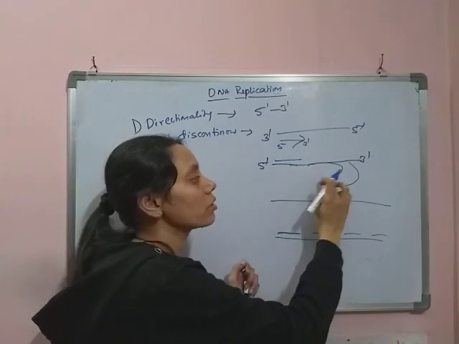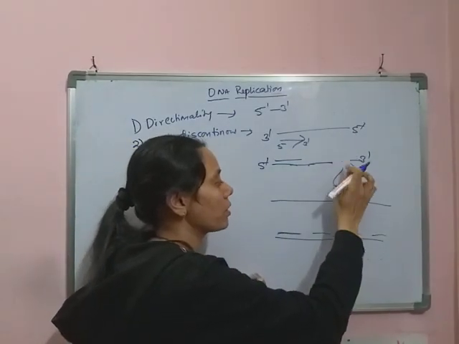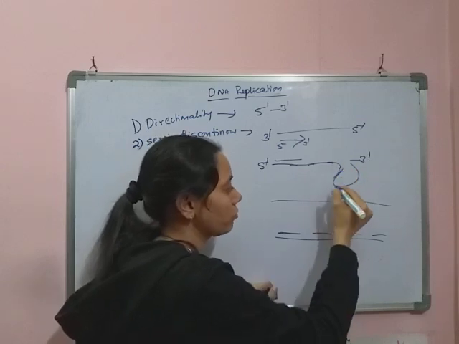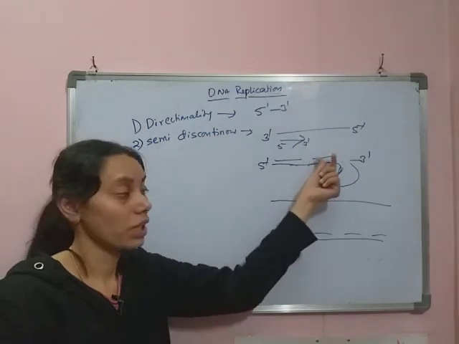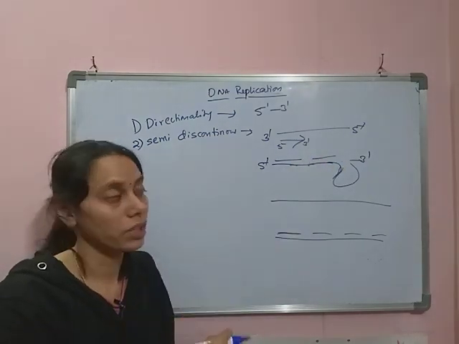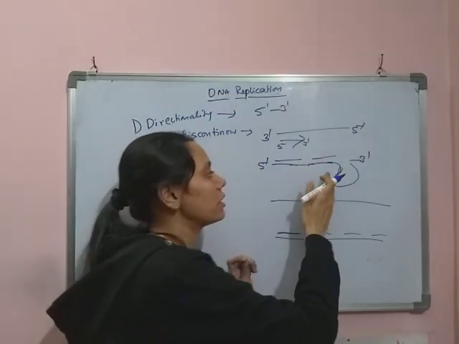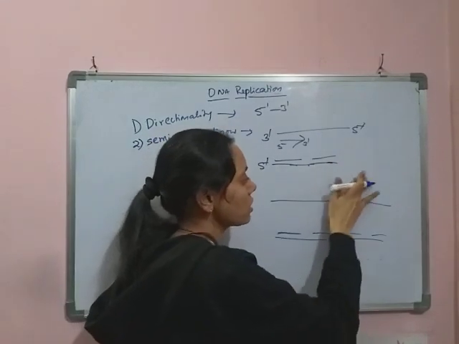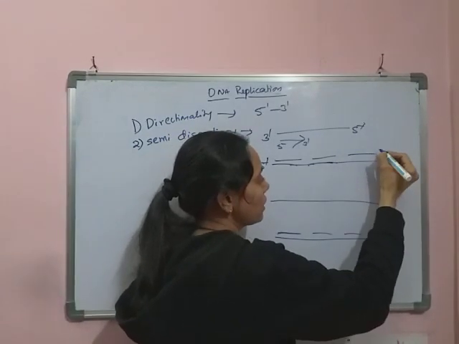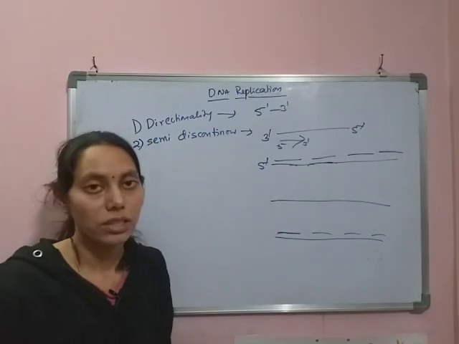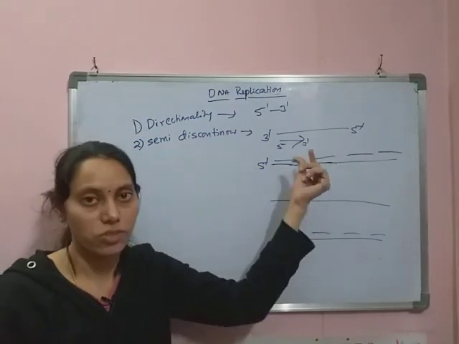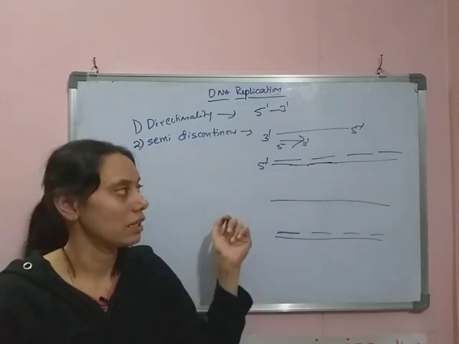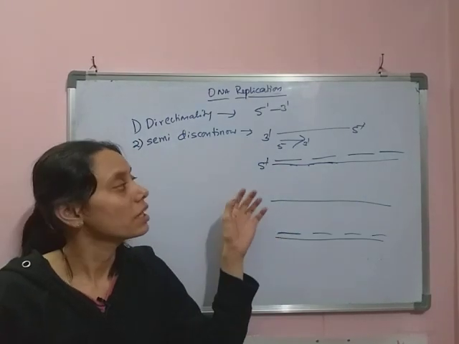Again the loop will be formed at a forward position, and that will give rise to another such small stretch of DNA. So the DNA synthesis process is discontinuous, not continuous. It is produced in small stretches of newly synthesized DNA called Okazaki fragments in the lagging strand.